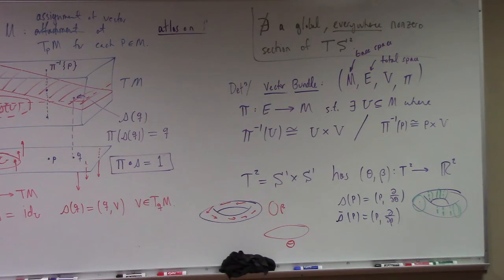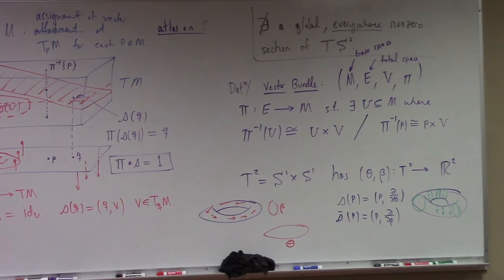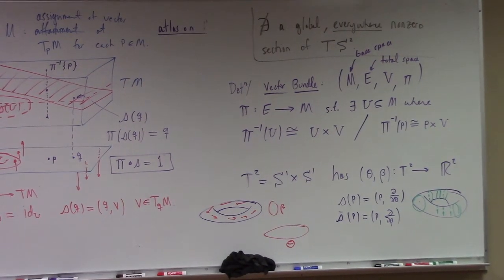And if U1 Cartesian U2 is the domain, then things of the form (U, x) are in the atlas for M1 cross M2. So forming an atlas for the Cartesian product of manifolds is not particularly difficult. You just take the Cartesian product of the coordinate charts that you already have for the factors.